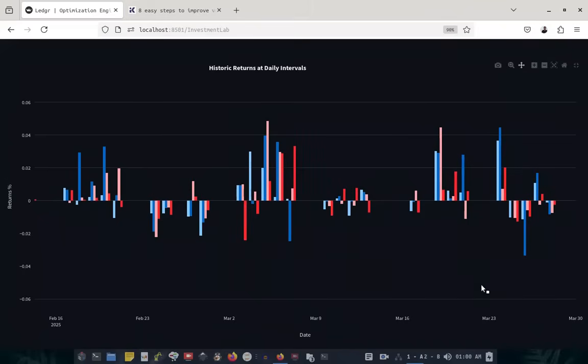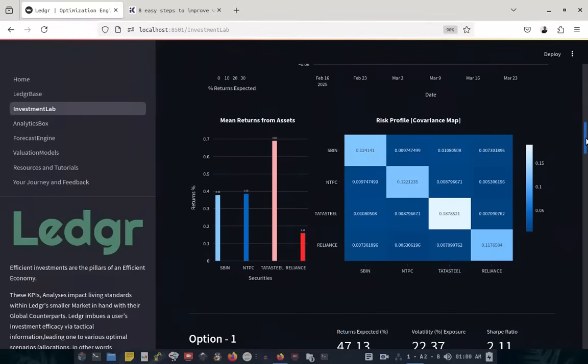And finally we come to the curve, the plot, which says how each has contributed generally, as in how much returns potential does each individual constituent stock have. And finally we come to the risk profile or the covariance map.